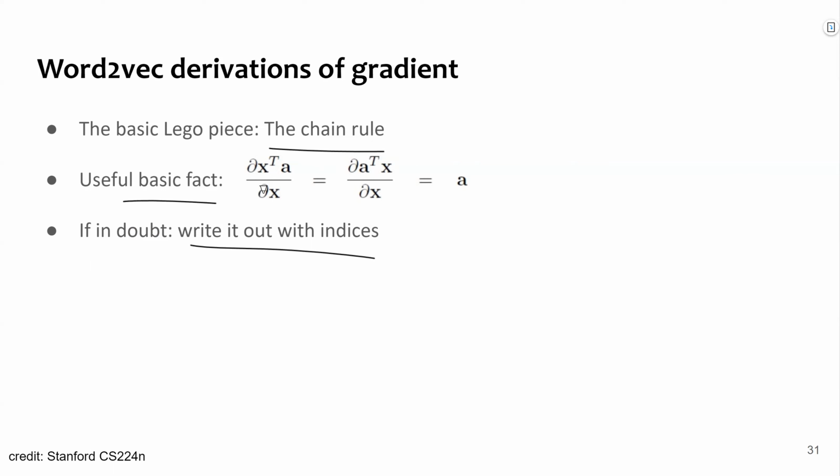A useful basic fact is that when you differentiate this vector dot product with respect to x, it results in a. And even if we change the order of the dot product, the result is the same. You can remember this basic fact.